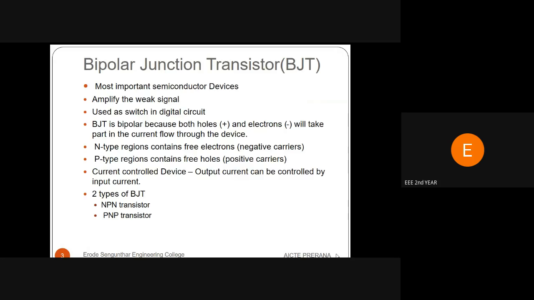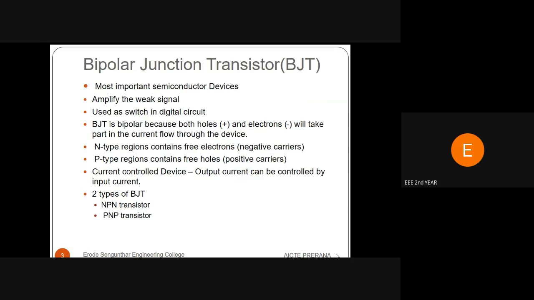Based on their structure, bipolar junction transistors can be mainly classified into two types. One is the NPN transistor and the other is the PNP transistor. The NPN transistor has two N regions and one P region between the two N regions.